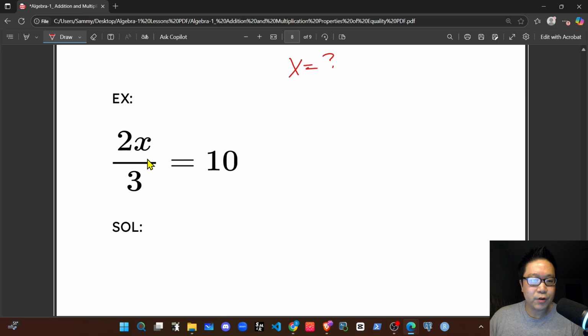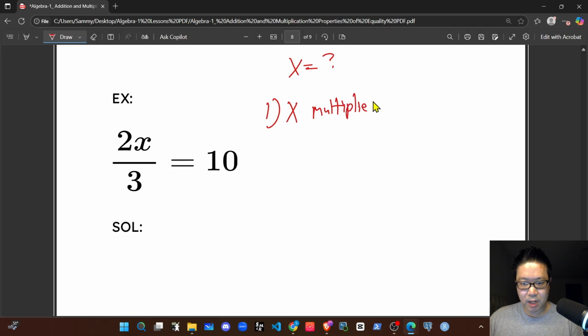But right here, two things are being done to x instead of just one. First, x is being multiplied by 2, and the second thing is that x is being divided by 3.